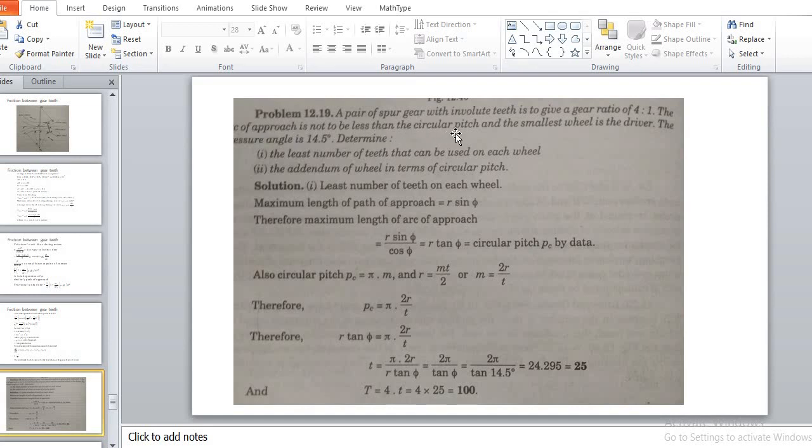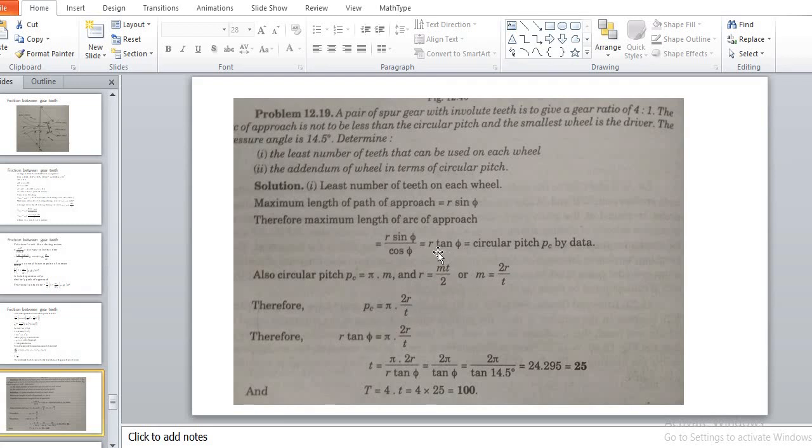The arc of approach is not to be less than the circular pitch, so we equate the arc of approach to the circular pitch PC. With this condition we can find the t value. The circular pitch is pi m, and for m we can write r = mt by 2, so m is 2r by t.